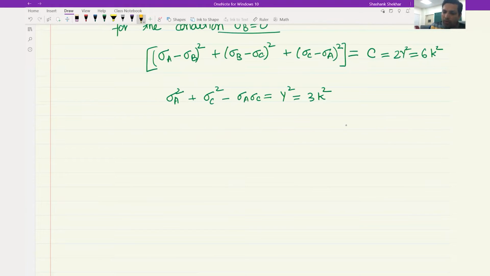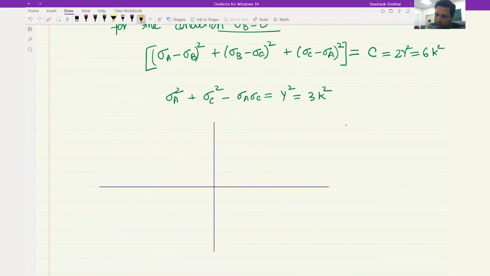If you draw this, how would it look? It's an ellipse, remember. And the axes are, as I have said, one is sigma A and the other is sigma C.